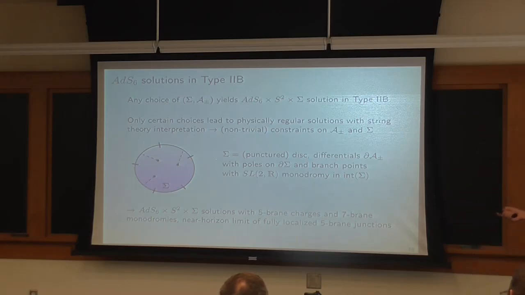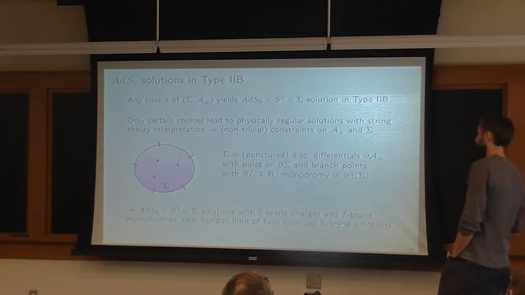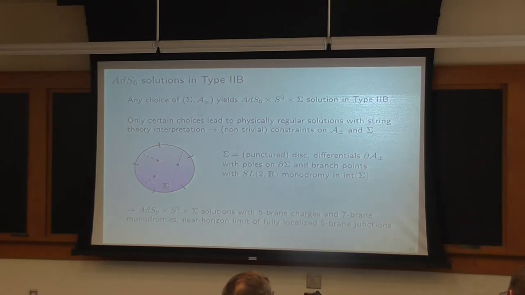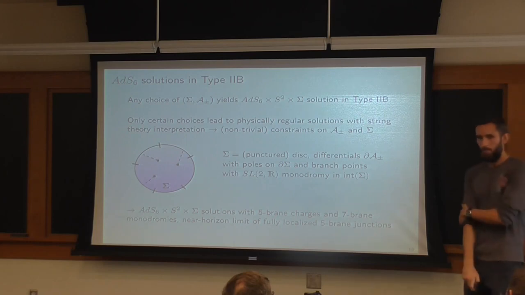And the idea then is that at these poles is where you find 5-branes sticking out, and at the punctures is where you find 7-branes. So these are singularities of the solutions, but they are physical in the sense that they have a string theory interpretation. And this gives us the solutions describing the near horizon limit of these fully localized 5-brane junctions.